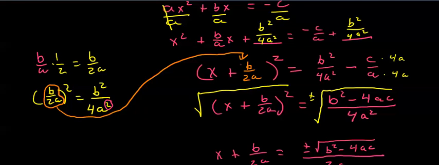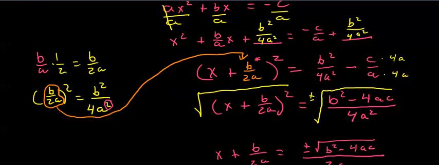We then factor the left, and this number, remember right here, this number is just the number we squared. And we added that to both sides. We factor it, and then we get a common denominator.